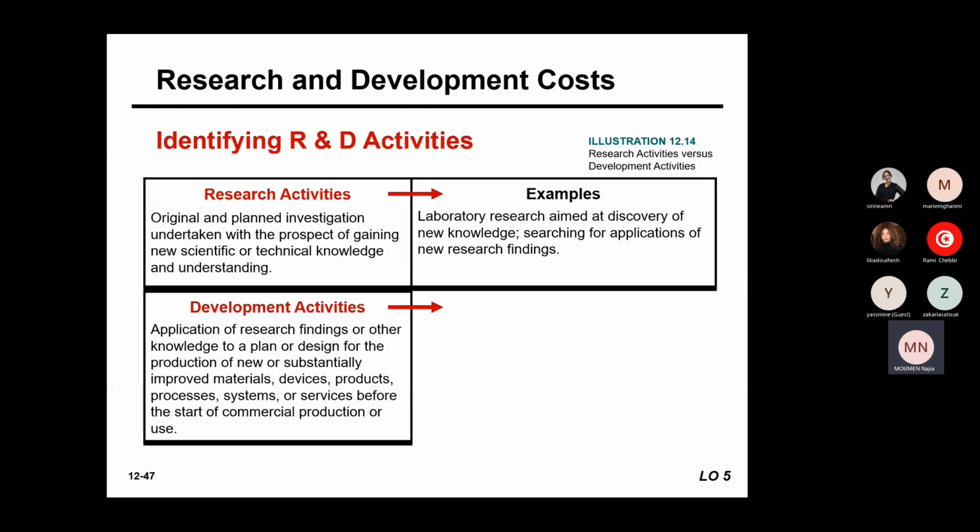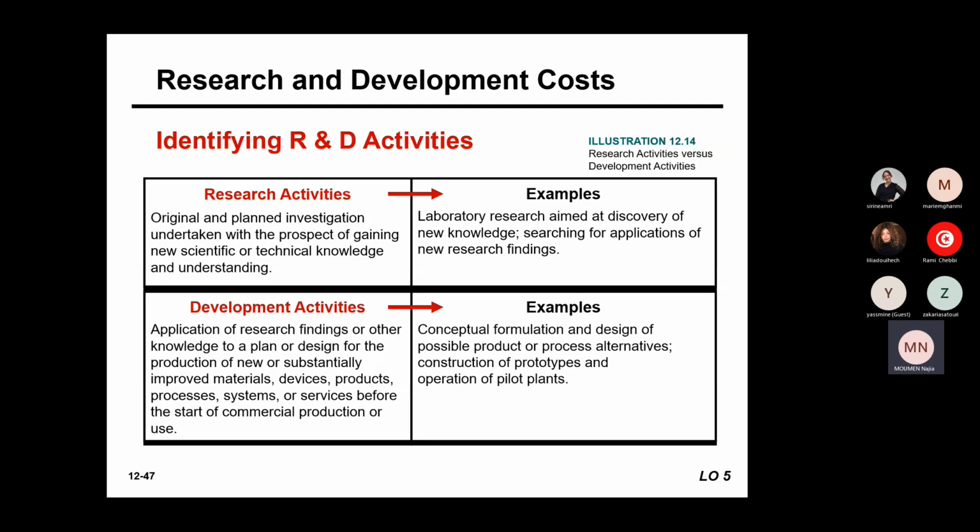Okay, and as we said, development activities may continue to be recorded as expenses unless what? Unless the economic viability criteria are met. So here we can see the conceptual formulation and design of possible product or process alternatives, construction of prototypes, operation of pilot plants, and so on. Okay, is that clear, please?